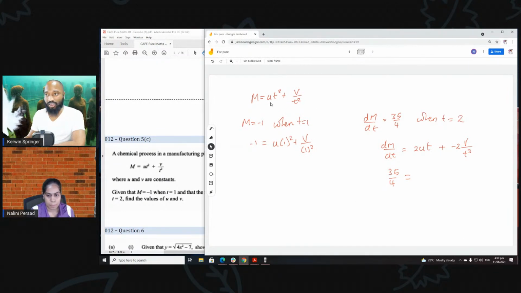Type Y in the chat if y'all understand everything I do here so far. So when m is -1, t is equal to 1, I could go down here and get an equation. When dm/dt is equal to 35 on 4, t is equal to 2. So we have 4u plus, well, this should turn out to be negative. Let's not jump the gun. -2 over 8v.